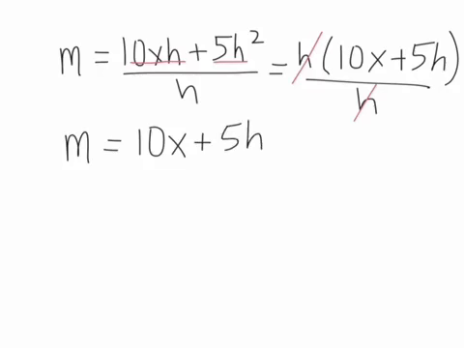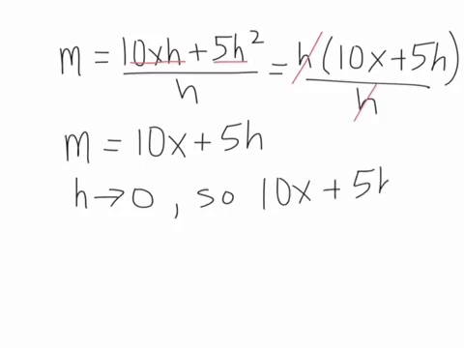Now we have to think about those 2 points coming close together, meaning that that little number h is going to approach 0, and that means that in our formula for the slope, the 5h will also approach 0, so that 10x plus 5h will approach just 10x.